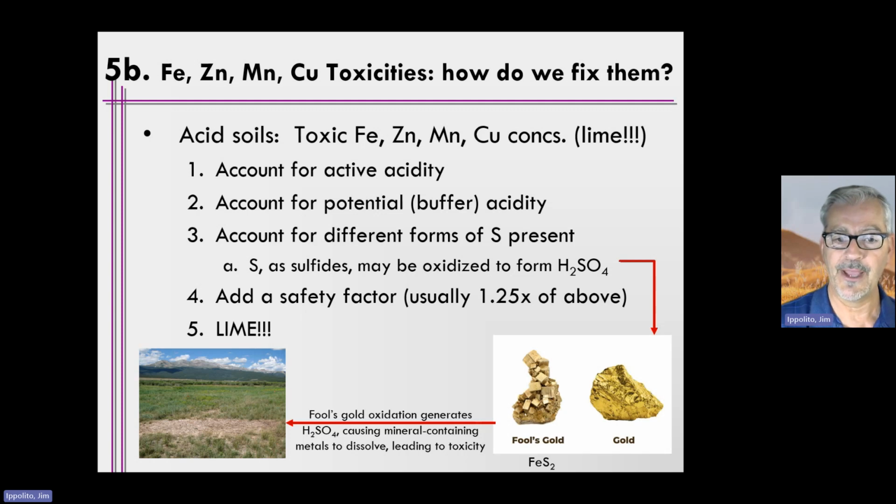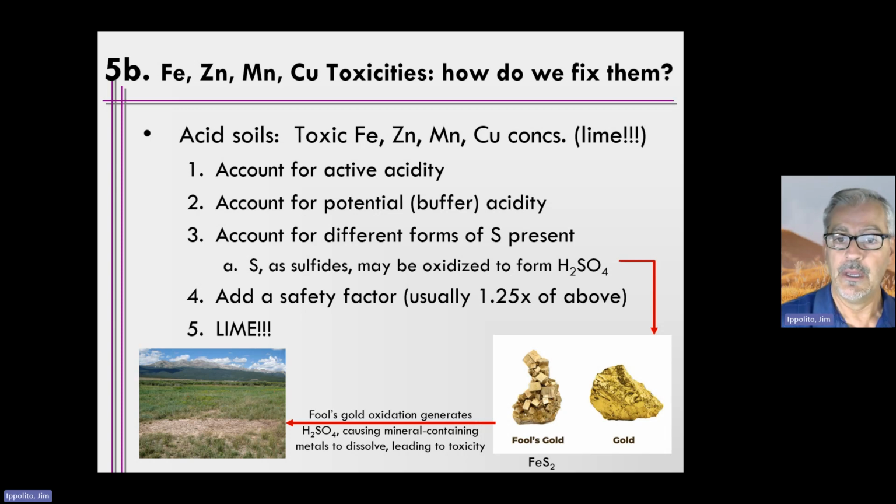And iron sulfide in the picture on the bottom left-hand corner is present in these soils. And when fool's gold oxidizes, the sulfur, elemental sulfur or sulfide in fool's gold, becomes sulfuric acid. And that leads to dissolution of minerals that contain iron, zinc, manganese, and copper, and other heavy metals like lead, like cadmium.